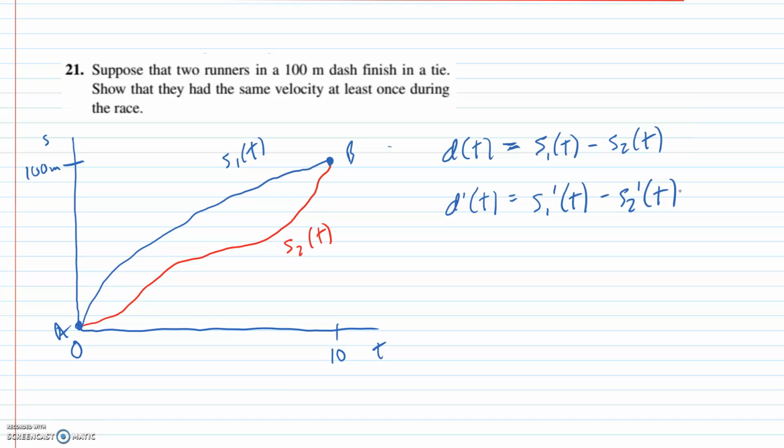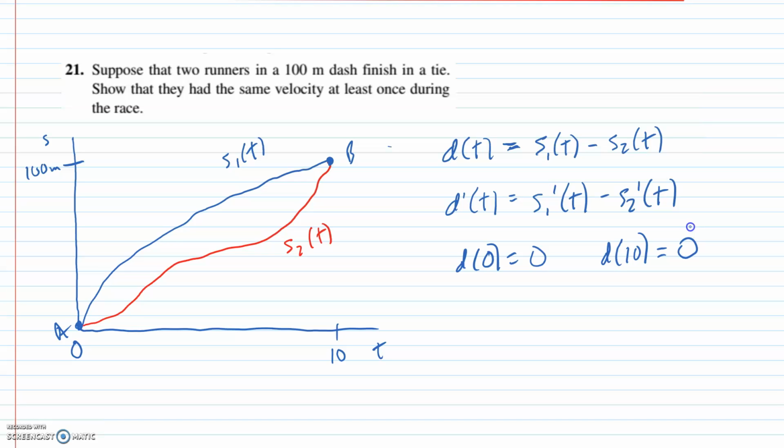Now, this distance function is a function of time, and I actually do know the distance between the runners at the beginning of the race, the D of 0. The D of 0 is going to equal 0. And I also know the distance between the runners at the end of the race, and I've called it 10 seconds. And so that distance, D of 10, is going to be 0 because they're both the same.